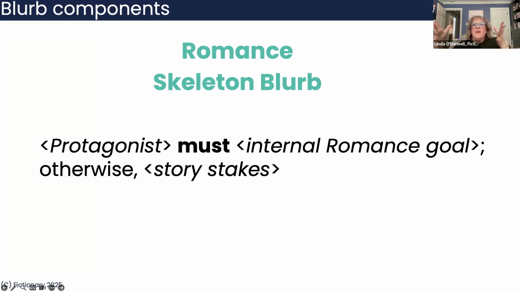The subplot is where they're going to be doing something. Maybe they need to save the family business, or they're going out and getting their CPA, and that might even be addressed in the first part of your book. But this is the story-long goal that we're going to be talking about.